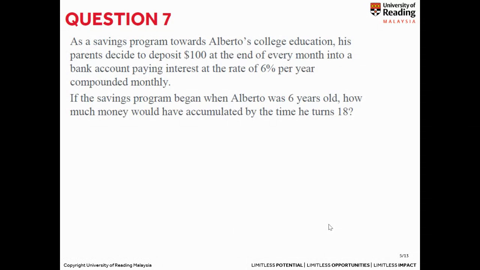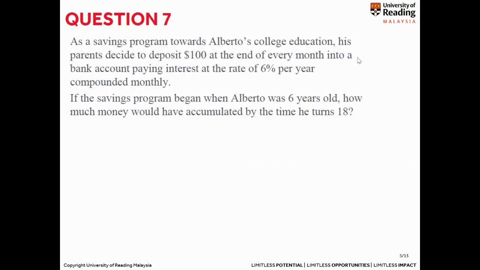Next question. As a saving program toward Alberto's college education, his parents decide to deposit 100 ringgit at the end of every month into a bank account, paying interest at the rate of 6% per year, compounded monthly. If the saving program began when Alberto was 6 years old, how much money would have accumulated by the time he turned 18?